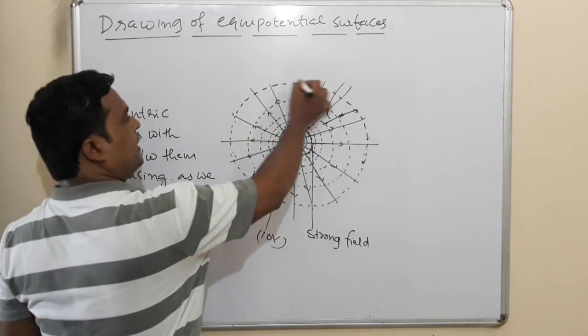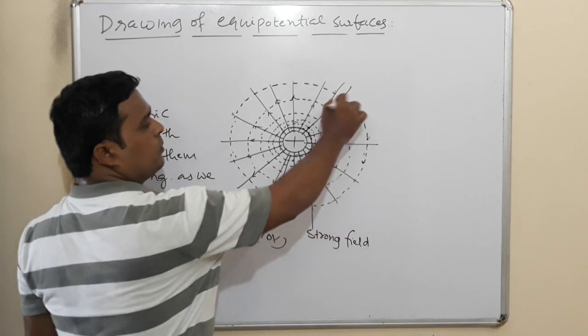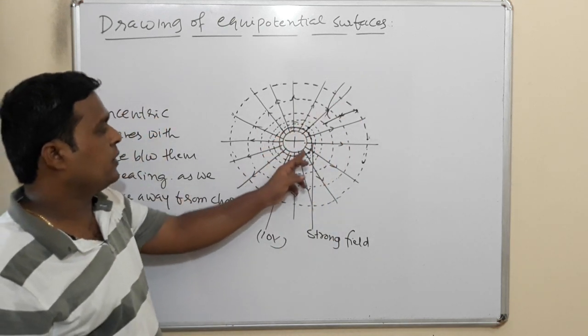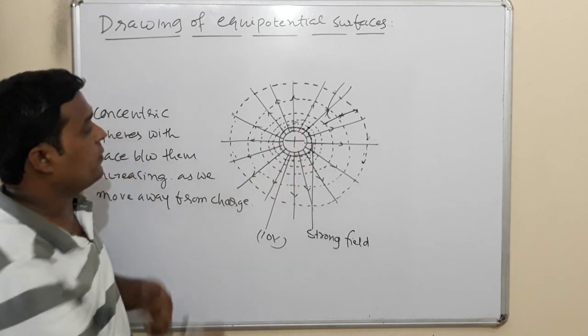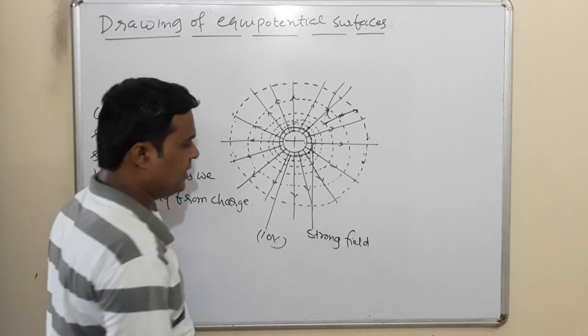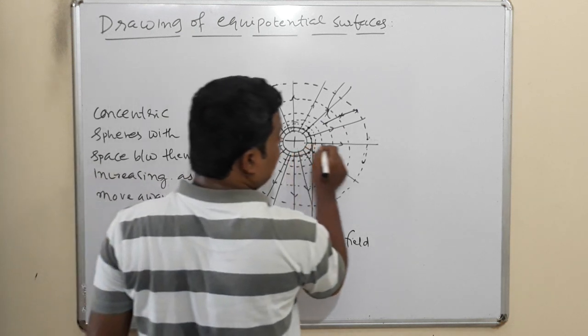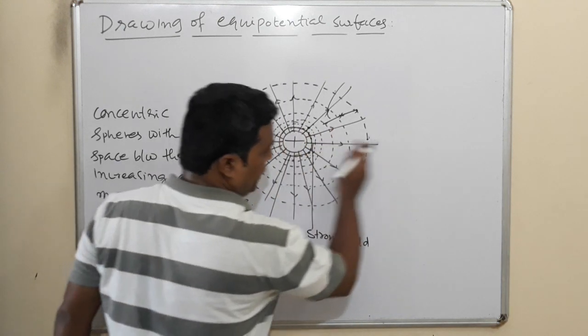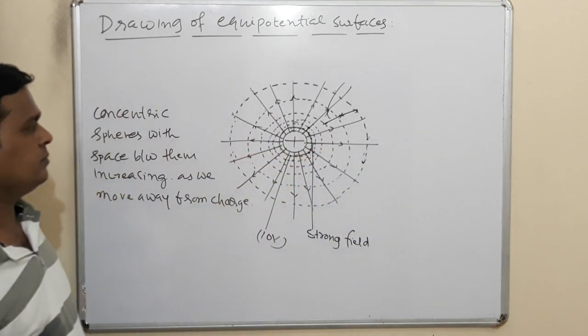Potential at each point on a surface will be the same, but it is not equal to the potential on the other surface, because as we move away from the charge, the potential goes on decreasing. That means in the direction of the field, if you go further away from the charge, the potential goes on decreasing.